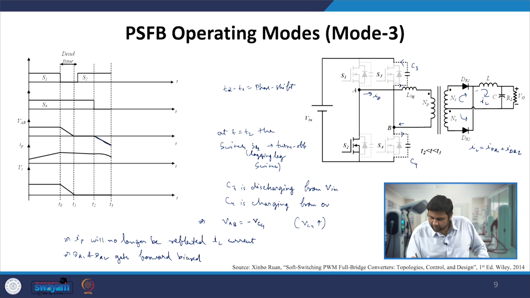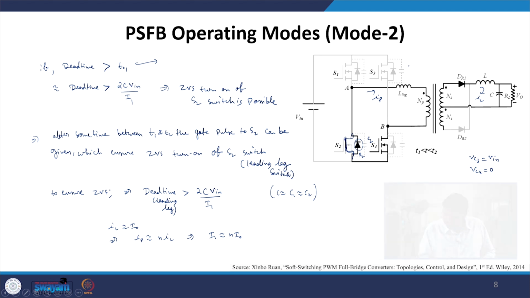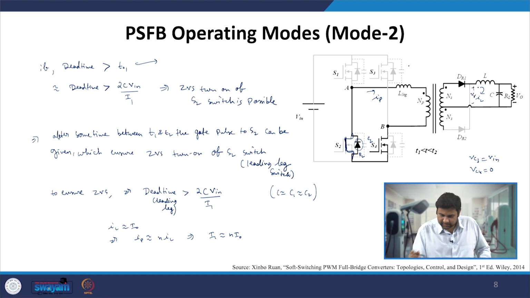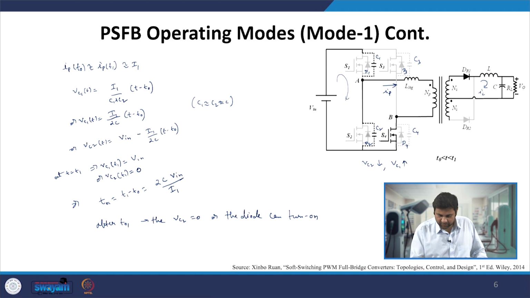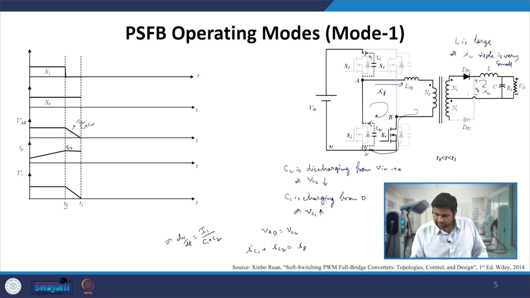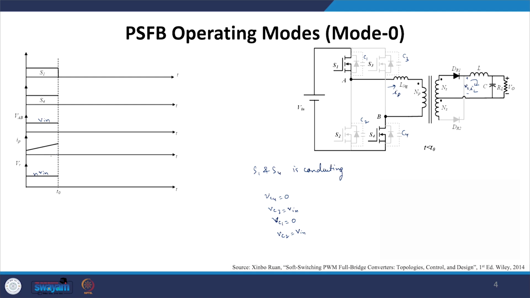Since they got forward biased, the VR voltage over here is nothing but equal to 0. If you see in the previous section, in mode 1 also, the VR voltage is the reflected voltage from VAB, which was N Vin.